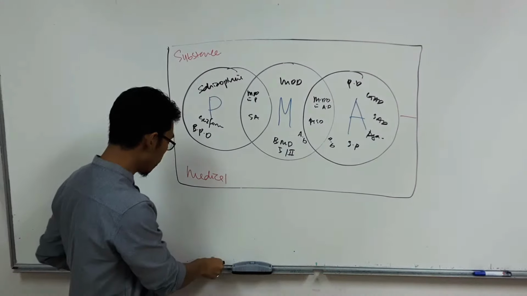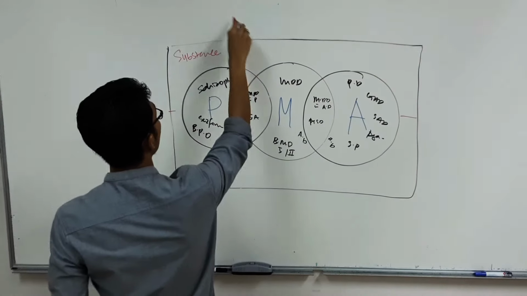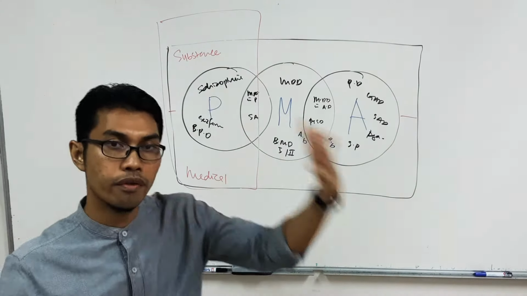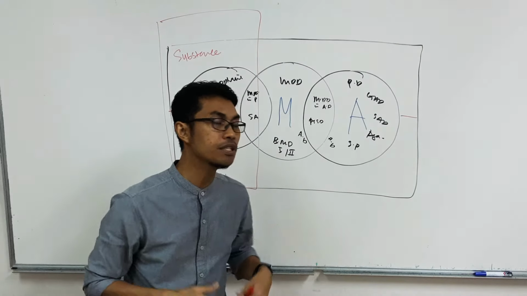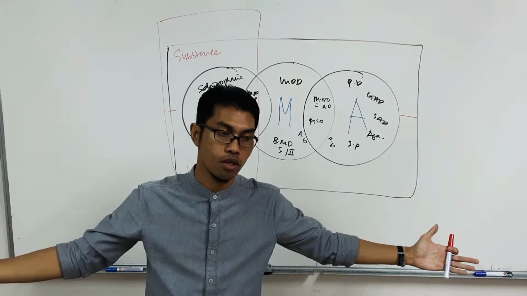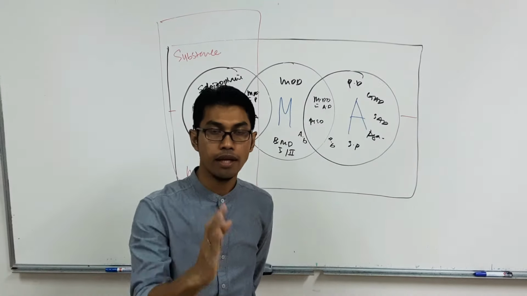So, by using this framework alone, you will not have trouble coming up with at least 2, 3, 4, 5 differential diagnoses. Because remember, differential diagnosis is important to expand your search for the true diagnosis. So you cannot zoom into one diagnosis alone.